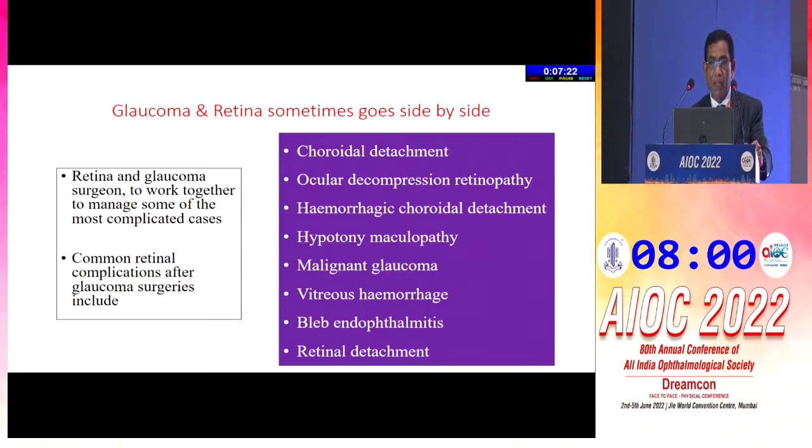Okay. So we know that retina and glaucoma specialists work together side by side, because many patients come from retina and many patients also go from us to retina. Glaucoma specialists have complications after their surgery, like choroidal detachment, ocular decompression retinopathy, hemorrhage, hypotonic maculopathy, malignant glaucoma, vitreous hemorrhage. All these conditions, we refer the patient to our retina colleague.